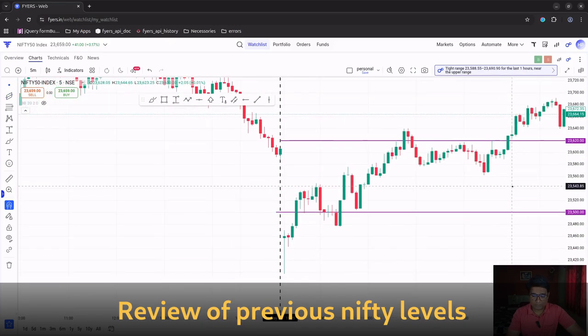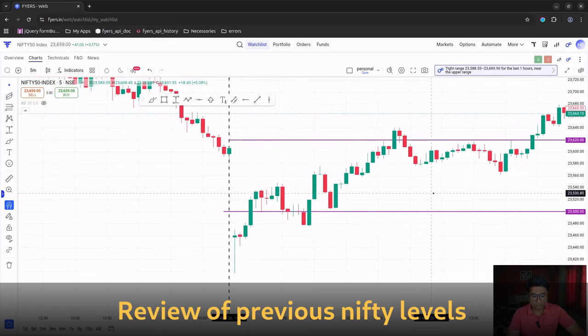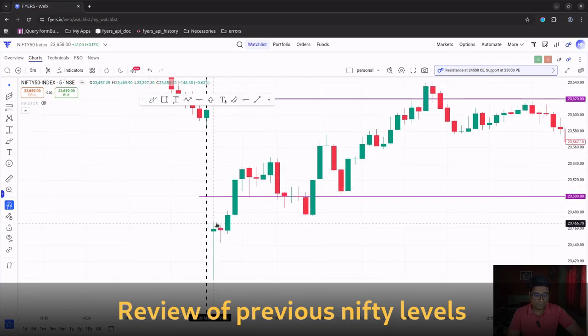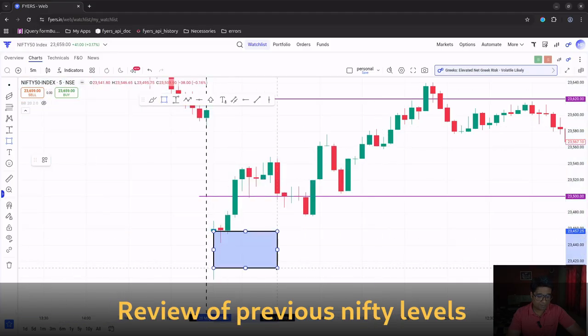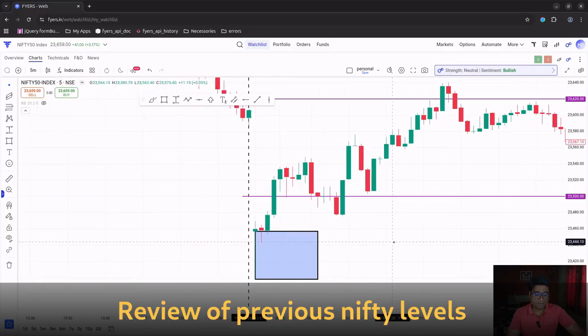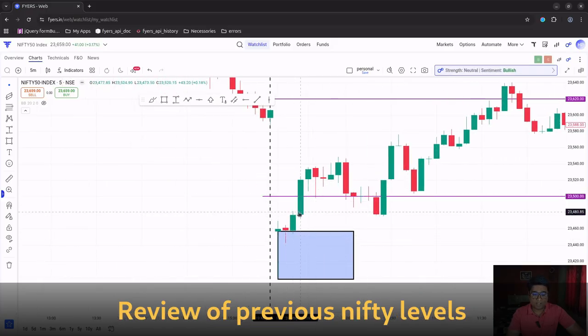And how our key levels have panned out, just watch here. Market opened, and here you can see this is a rejection. This is where the buyers stepped in. See this long wick, this is where buyers stepped in, and with this candle the market went above 23,500.